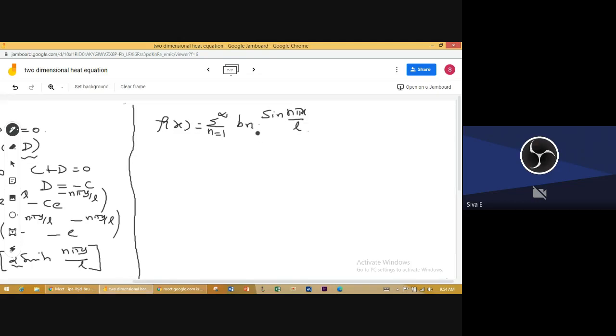Actually, this f of x is x into l minus x. So what is this? This is the half range Fourier sine series.